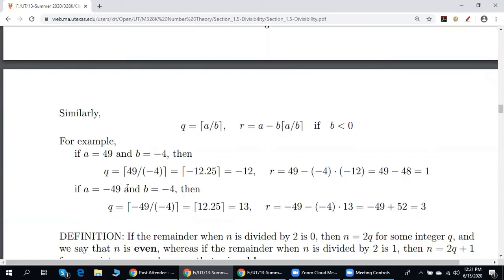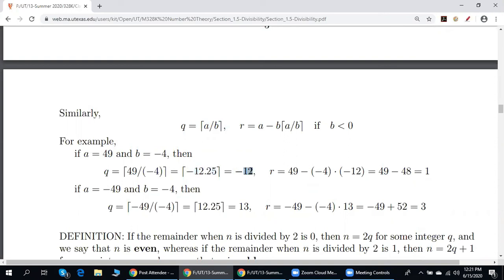Now consider two other examples. In both cases, b is negative. Therefore, instead of the floor function, we use the ceiling function. Ceiling of negative 12.25 is negative 12. This is the smallest number, which is greater or equal to this.